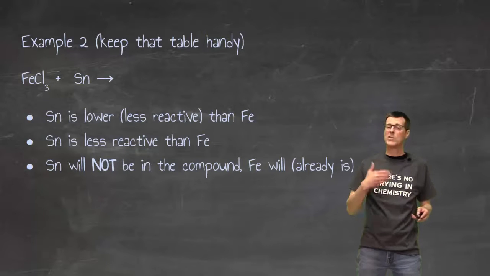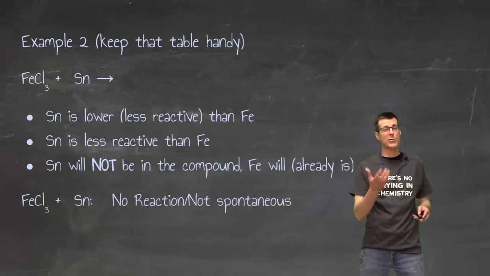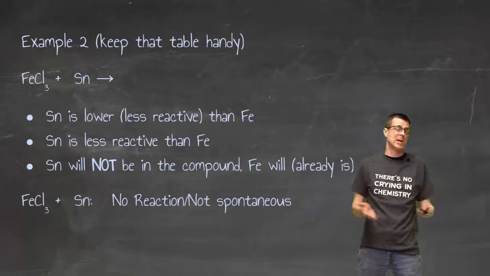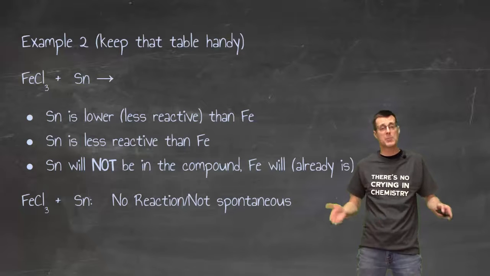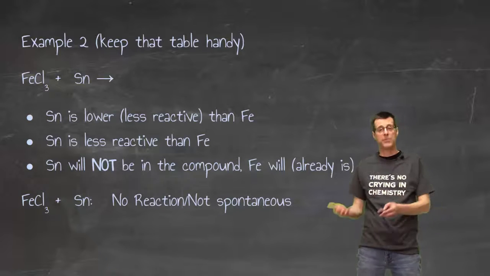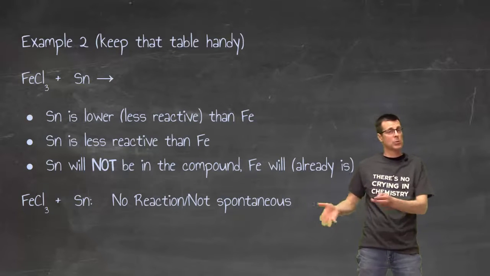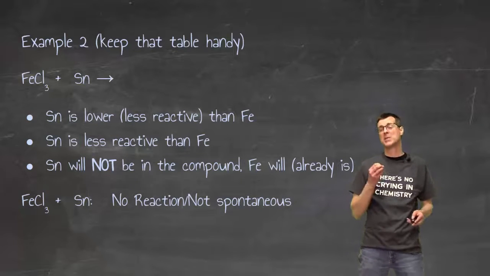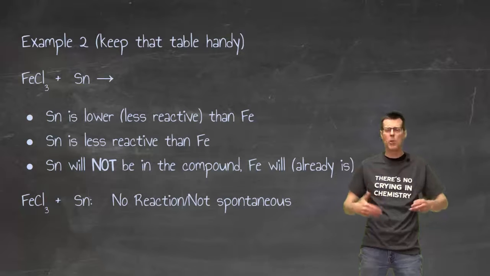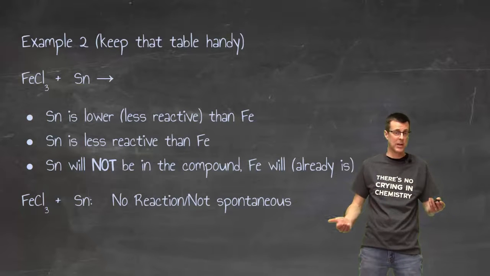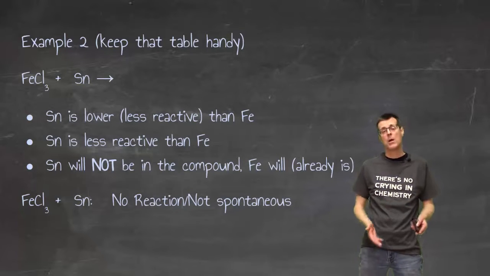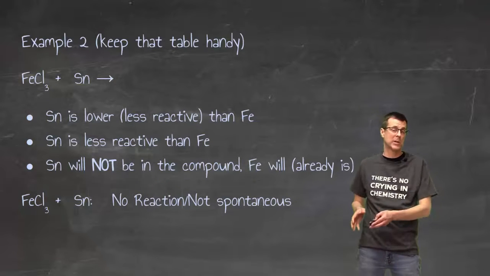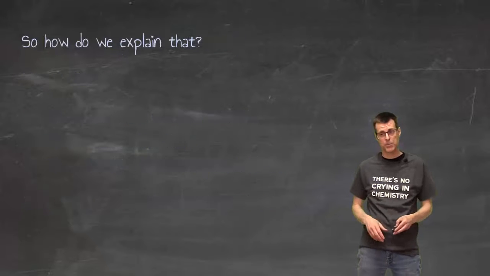Iron will. Not only that, but iron already is in the compound form in that reaction, which means that reaction, as written, will not be spontaneous. It will not form the products, even though I could write the products on paper and those products are possible, they're not going to be spontaneous, because all by itself, without a constant supply of energy, iron is more likely to be in compound form, and tin is more likely to be in elemental form.